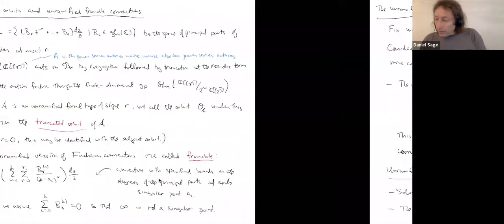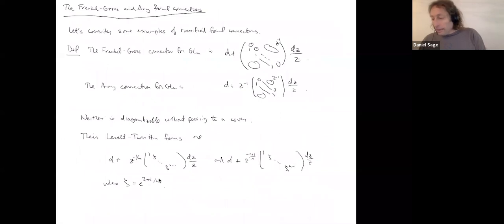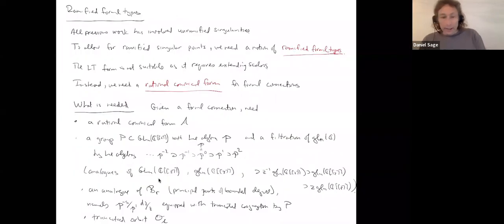So anyway, the level-Turton form isn't really what we need.